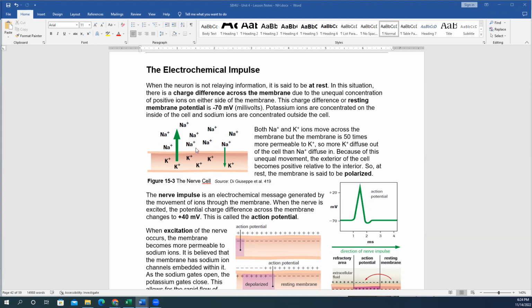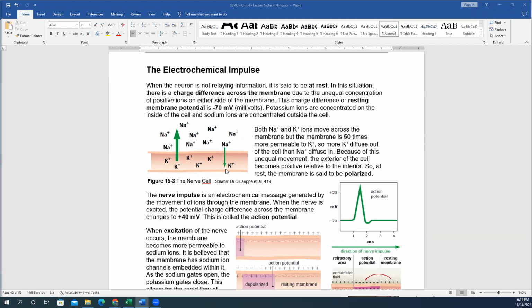There is a difference of negative 70 millivolts across the membrane between the outside and the inside. In this case, potassium ions are concentrated on the inside of the cell and sodium ions are concentrated on the outside. Both of these ions can move across the membrane, but the membrane is far more permeable to potassium.